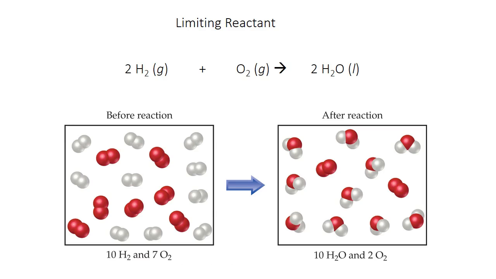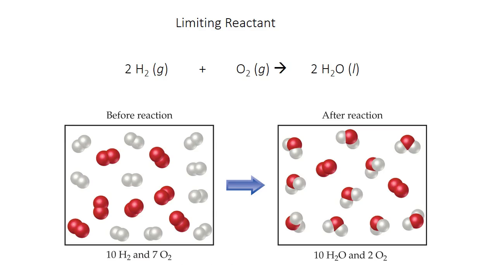If you have 10 molecules of hydrogen, that means that they would exactly react with 5 molecules of oxygen. But you don't have 5 molecules of oxygen, you have 7, which means that at the end of the reaction, you're going to have used up all of the hydrogen, and you're going to have 2 extra molecules of oxygen.